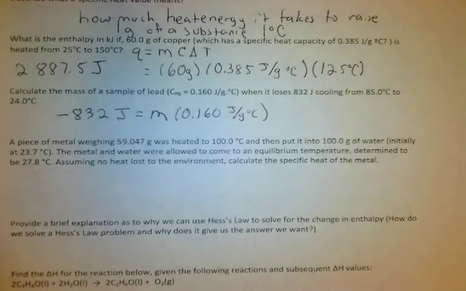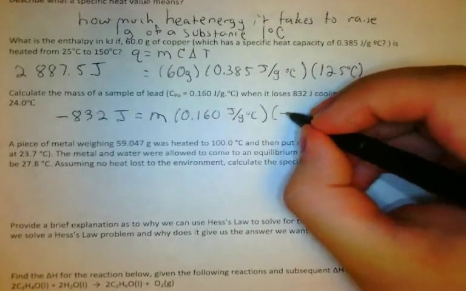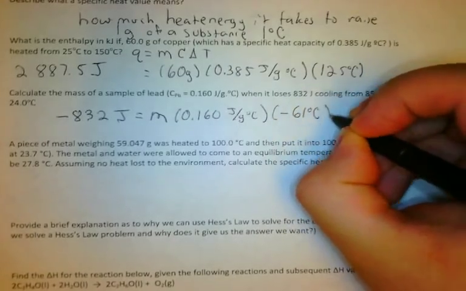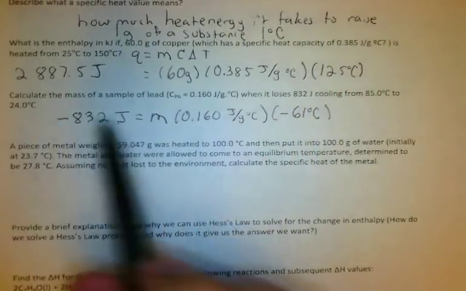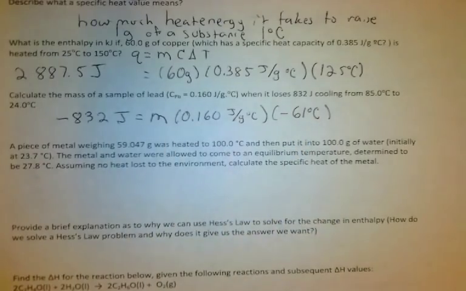So we go 24 minus 85 because it's final minus initial. And that's a negative 61 degrees Celsius, which is important because if we have negative over negative, it'll give us a positive mass, which is necessary because we can't have negative mass. So if I do my algebra right, I should go 0.160 times a negative 61.